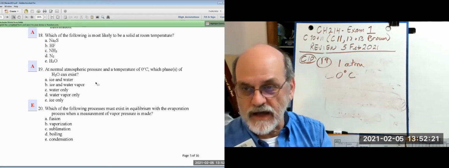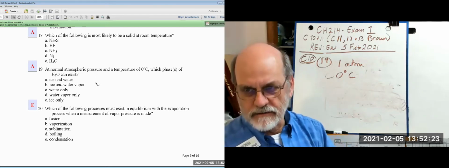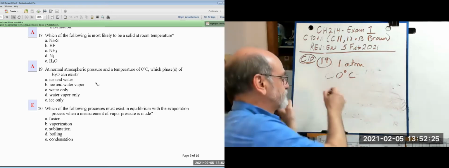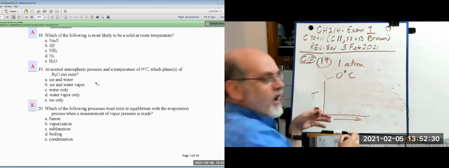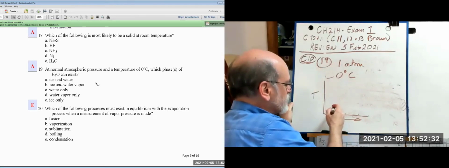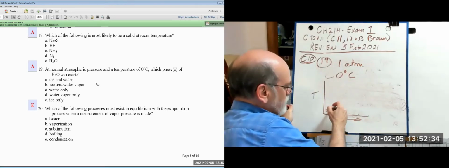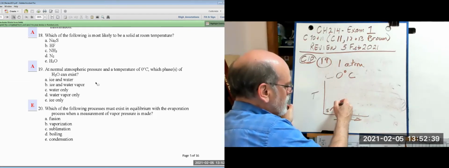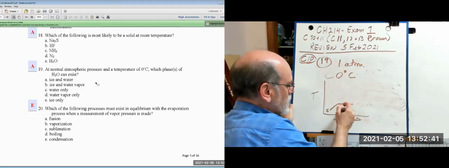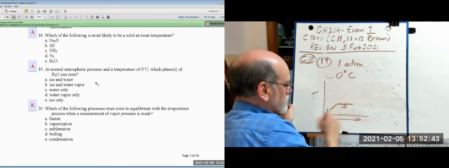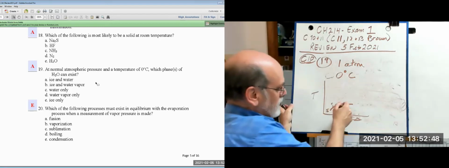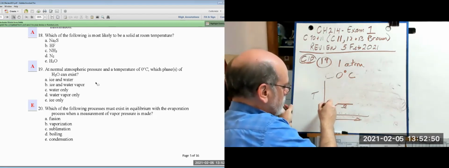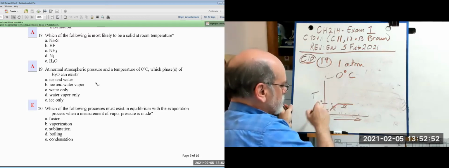Now you can see that on a type of phase transition diagram. So there's your temperature, and this is progress from left to right. If you start off as a solid, then you add heat until you get to all liquid. So in here, you can have solid and liquid. All liquid here. Right? So that's 0 degrees.